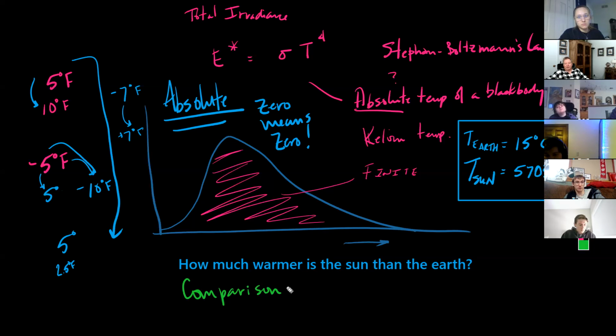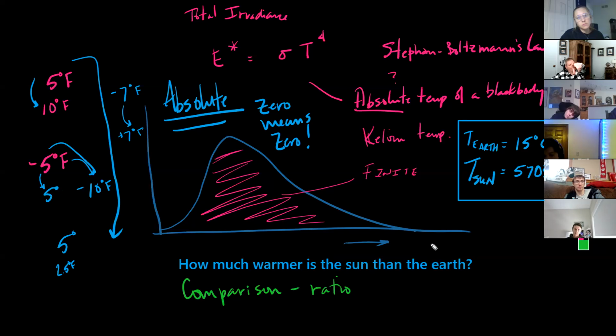Okay, now watch this, guys. Ready? You just said that's a question. That was a Pavlovian response. When water vapor condenses, latent heat is released. That's a Pavlovian response. Here's another Pavlovian response. When I say comparison, you say the word ratio.